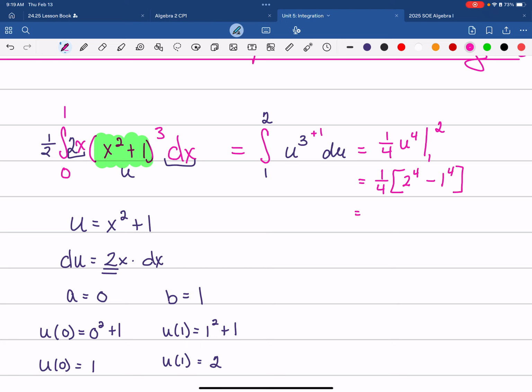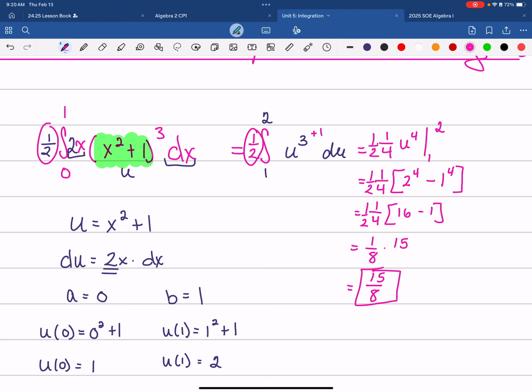And then I just keep on evaluating. And I have 1/4 of 16 subtract 1, which gives me, oops, sorry, I forgot my 1/2 out here. Thought something was missing, times 1/2. So I have 1/8 times 15, which gives me 15/8. I apologize about that. I forgot to rewrite this 1/2 over here when I rewrote it in terms of u.